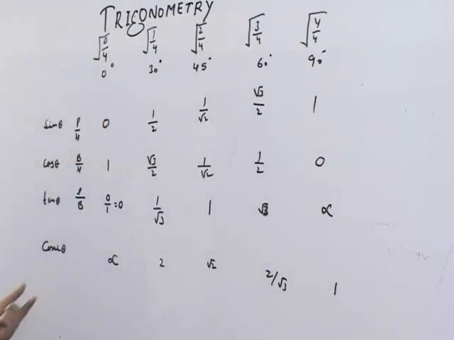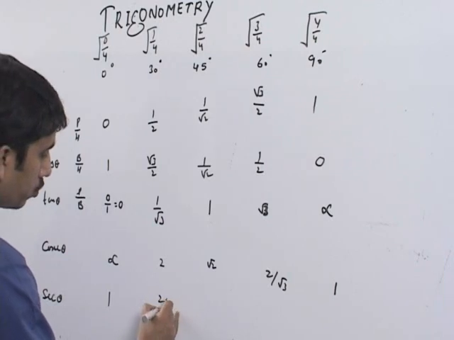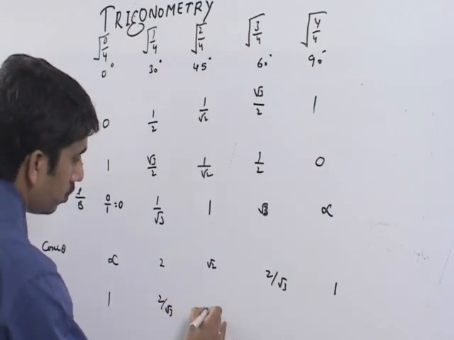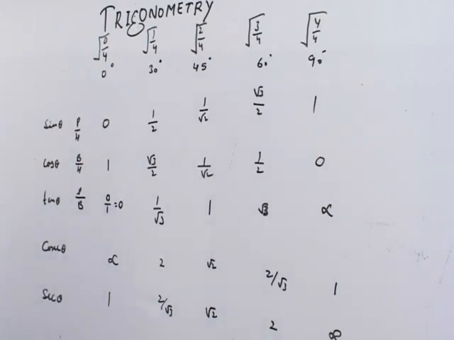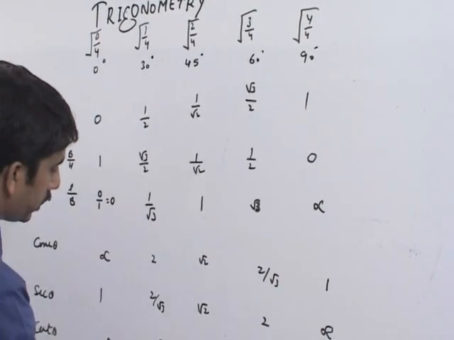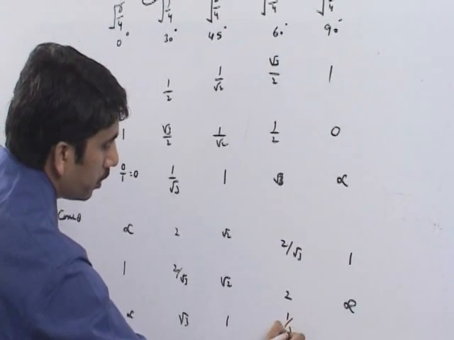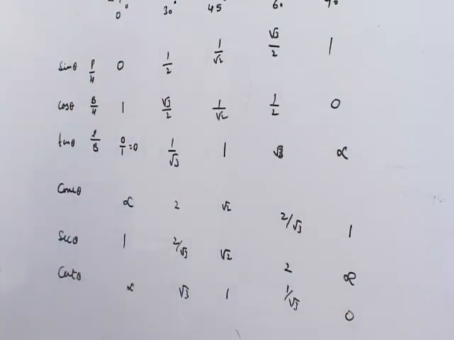And for secant theta, just take reverse of this thing: 1, 2 by root 3, root 2, 2, infinity. For cot theta, this will be infinity, root 3, 1, 1 by root 3, and 0.